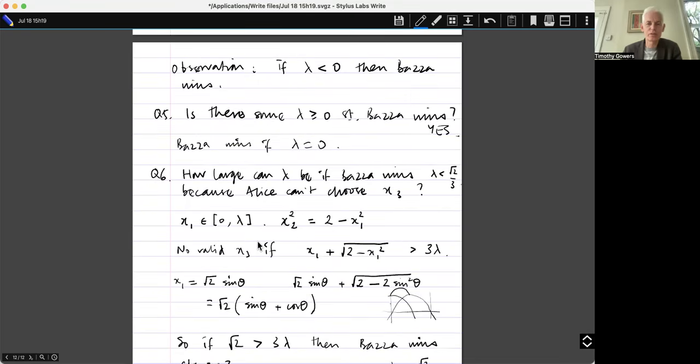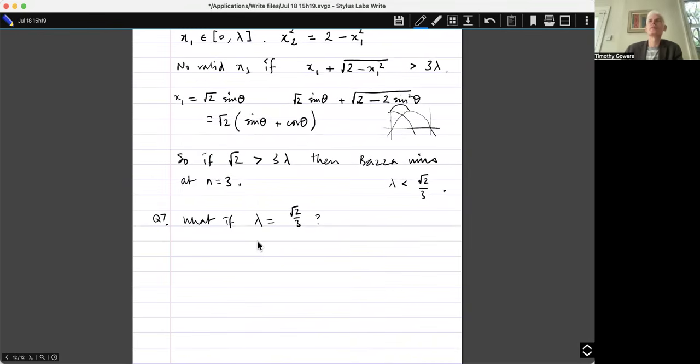And that seems to be a line of approach that is going to be quite interesting to pursue. And whether it will be possible to prove something like, if Bazza wins against such and such a strategy, then Bazza must win against all strategies, and then similarly for Alice.